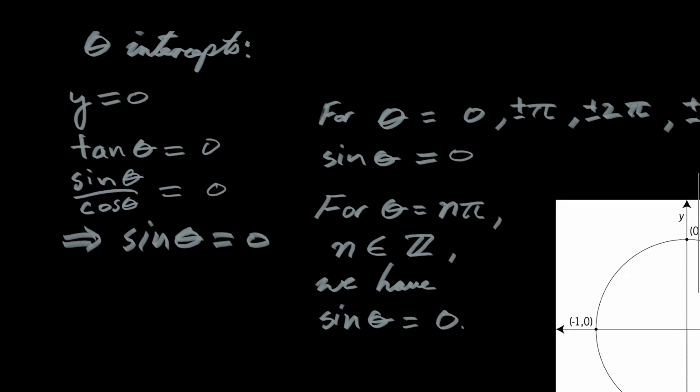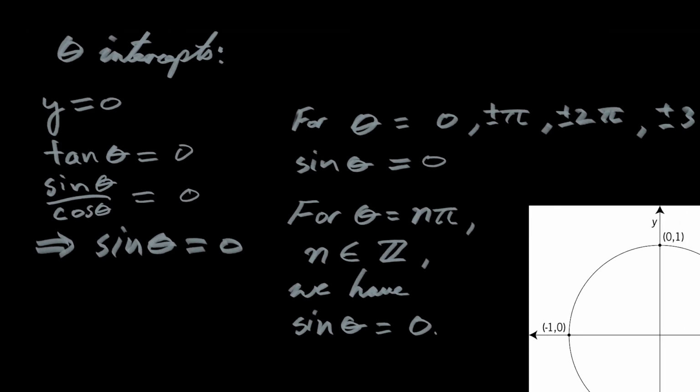Recall that since tan of theta is defined to be this quotient, sine of theta over cosine of theta, and division by 0 is undefined, cosine of theta cannot equal 0. In other words, if cosine of theta is equal to 0, tan of theta is undefined. So we need to find all the places where cosine of theta equals 0. That amounts to determining what values of theta will give us a cosine of theta equal to 0.